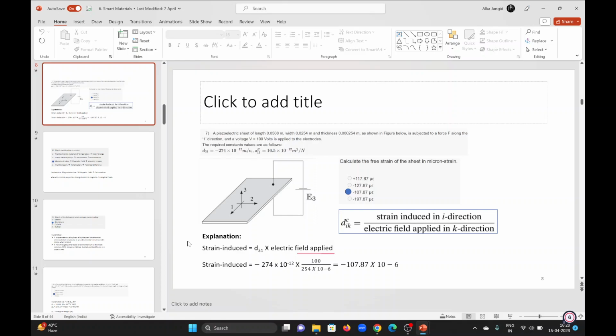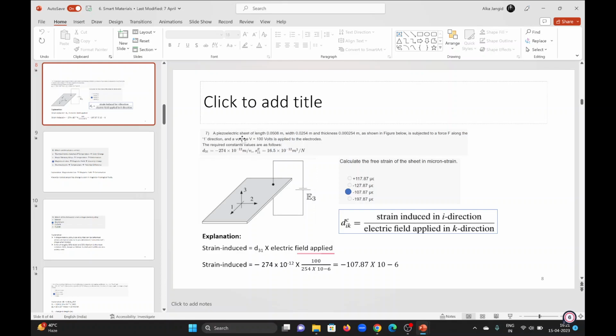Length and width are not used here, and the S11 value is also not used. This was a two-part question and I have taken one part.